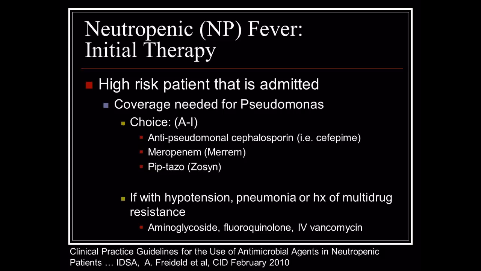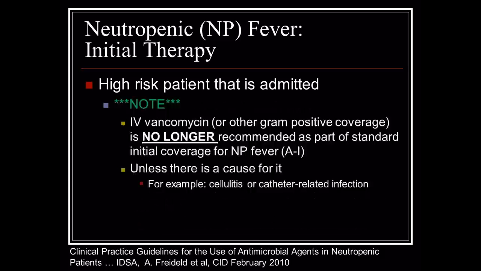Are they at risk for pneumonia or multi-drug resistance? But note that it is not standard care anymore for all patients to get IV vancomycin up front for their initial workup of neutropenic fever, unless at the time of admission you see a notation of cellulitis or a catheter-related infection, for which that's the cause for the vancomycin need.